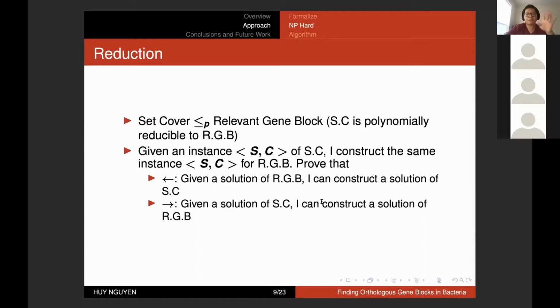A very typical way of doing that is, given an instance SC of the set cover problem, to construct the same instance SC of the relevant gene problem. I prove two things. On the left-hand side, given a solution of the relevant gene block, I can construct a solution for the set cover problem.